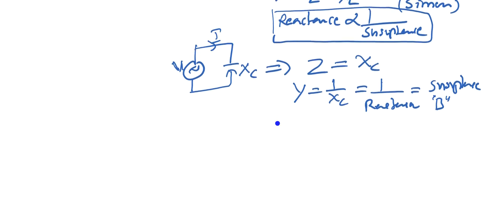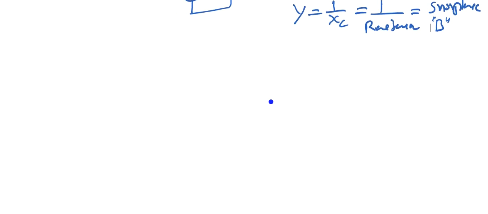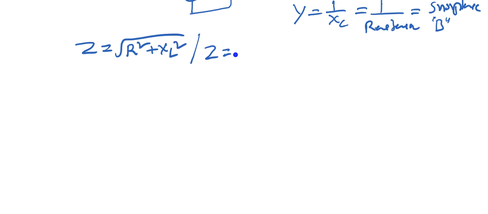So that is what I want to show here. Till now you might have gone through Z is equal to the square root of R square plus XL square, isn't it? Or Z is equal to the square root of R square plus X square.